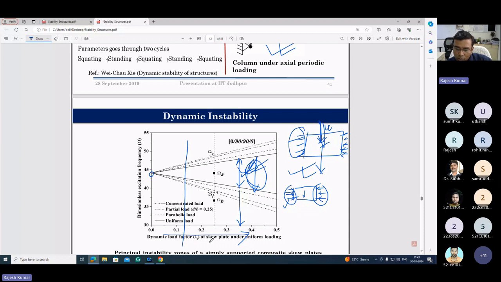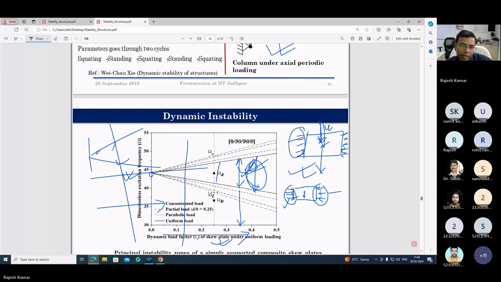So here, this is the loading amplitude. Here, the frequency ratio, the transverse frequency of the member divided by the transverse frequency of the loading. At this, you will get this diagram. This is the loading direction at this particular dynamic load, and you have this range of frequency where the structure will be dynamically unstable.